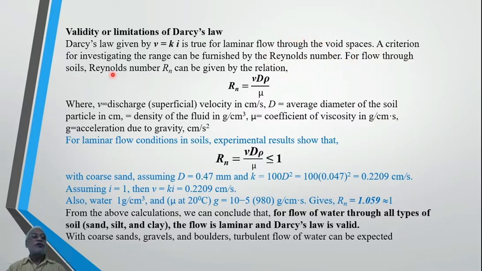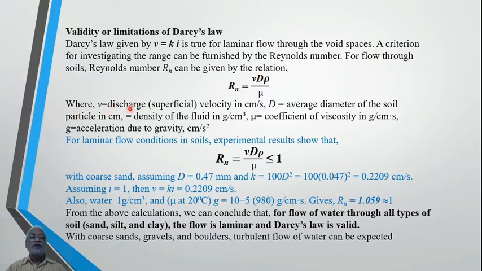Reynolds number Rn for the flow through soil is given by Vd rho by mu. Similar expression, but the major idea is what is d here.